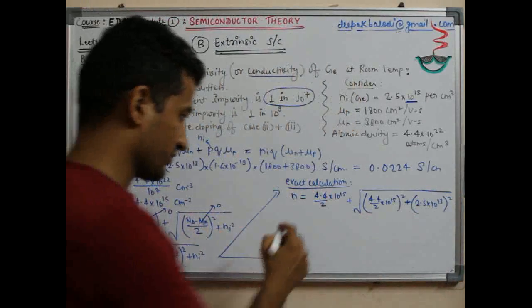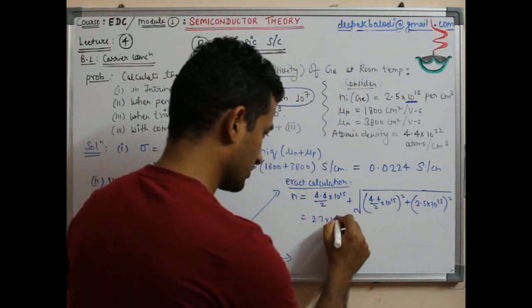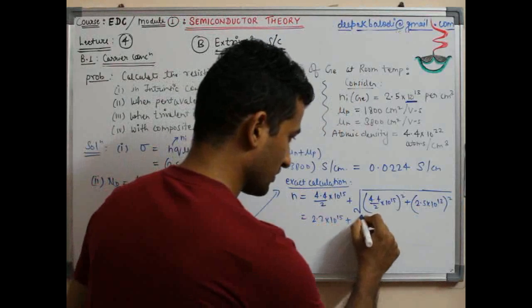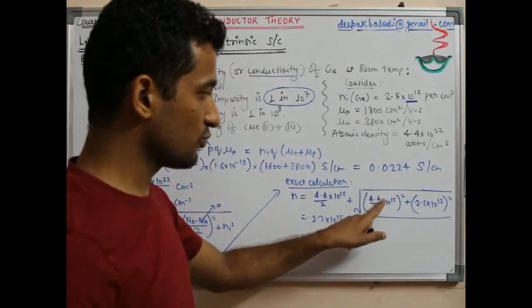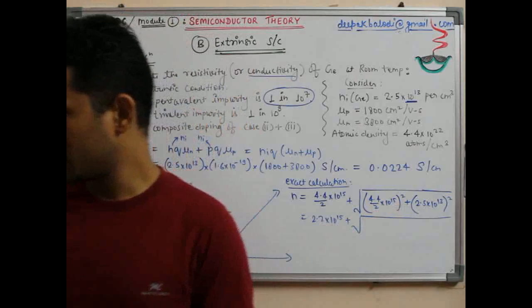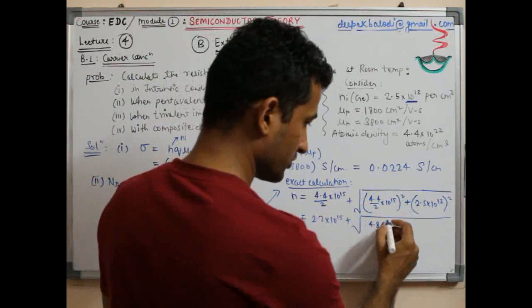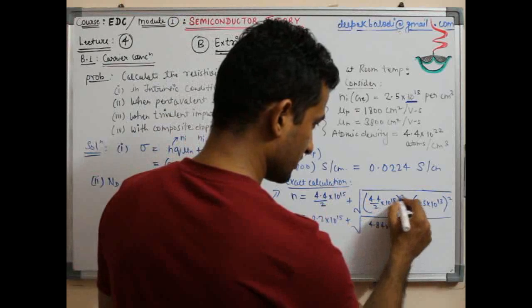This we will proceed with, and this will give me 2.2 into 10 to the power 15. So this is 2.2 squared into 10 to the power 30.